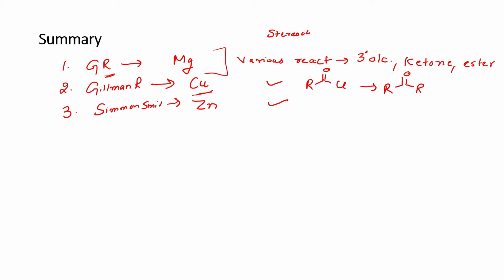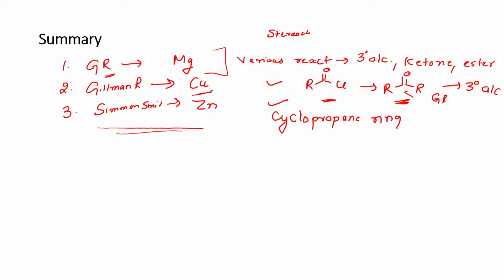But your Grignard reagent, when it reacts with acyl chloride, will give you ketone first, then another Grignard reagent will react and give you tertiary alcohol. And yes, Simmons-Smith reagent: cyclopropane ring formation. So wherever it sees a double bond, it will give you a cyclopropyl product there.